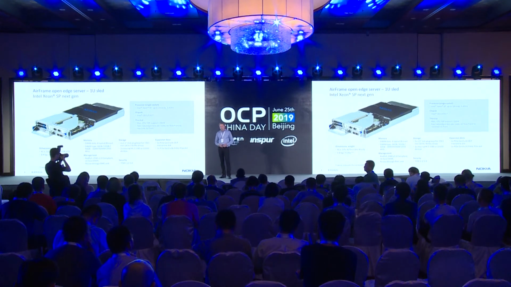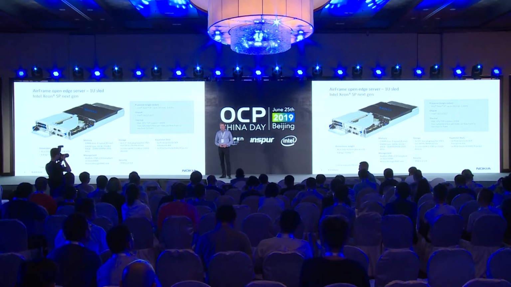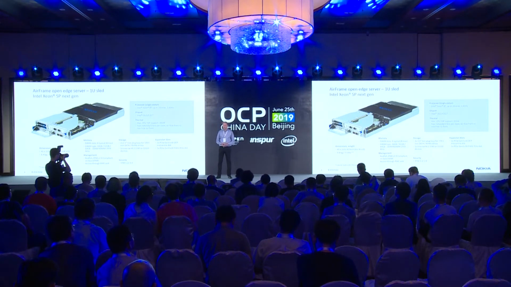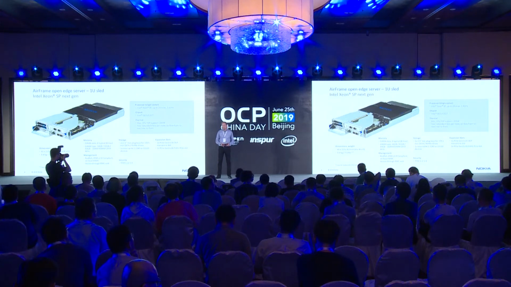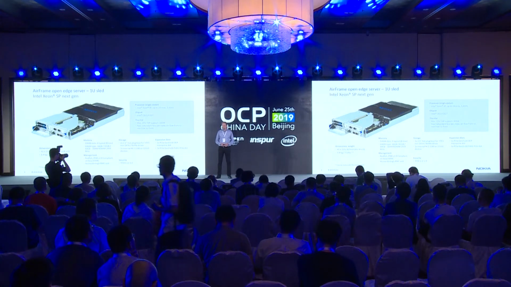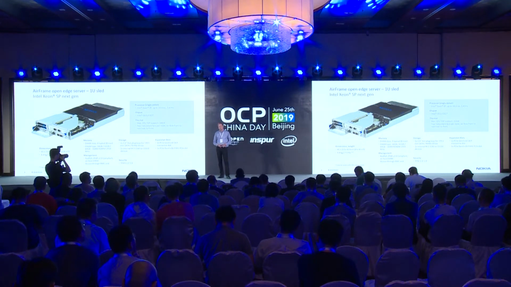The 1U server has 2 hot plug 2.5-inch SSD slots. Both SATA and NVMe are supported. And there are also 2 internal M.2 modules, either 80 millimeters long or 110 millimeters long. And then for the expansion slots, there's always the OCP mezzanine slot.